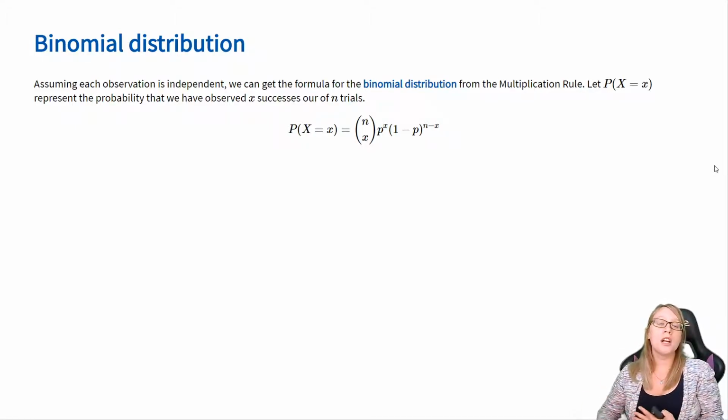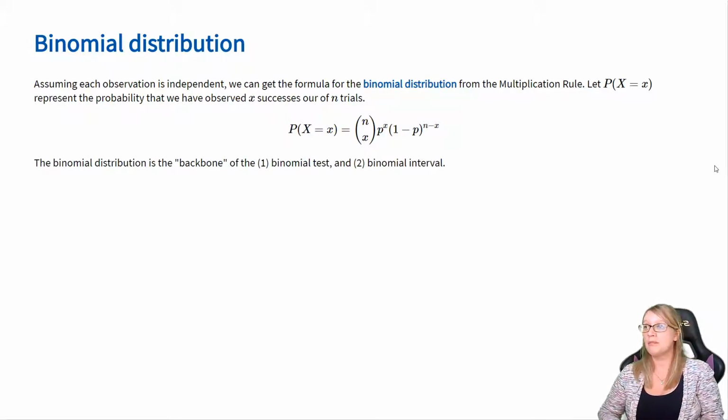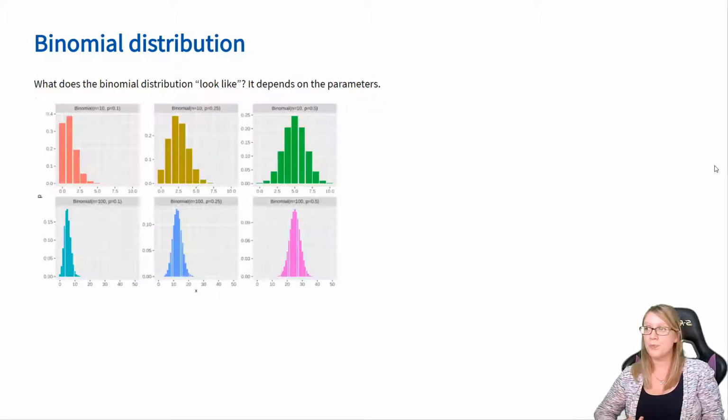Now we won't do very many calculations with this binomial distribution directly, but it is nice to know what's happening under the hood when we start working with some data. Now this binomial distribution forms the backbone of two procedures that we'll talk about in this video: the binomial hypothesis test and the binomial-based confidence interval.